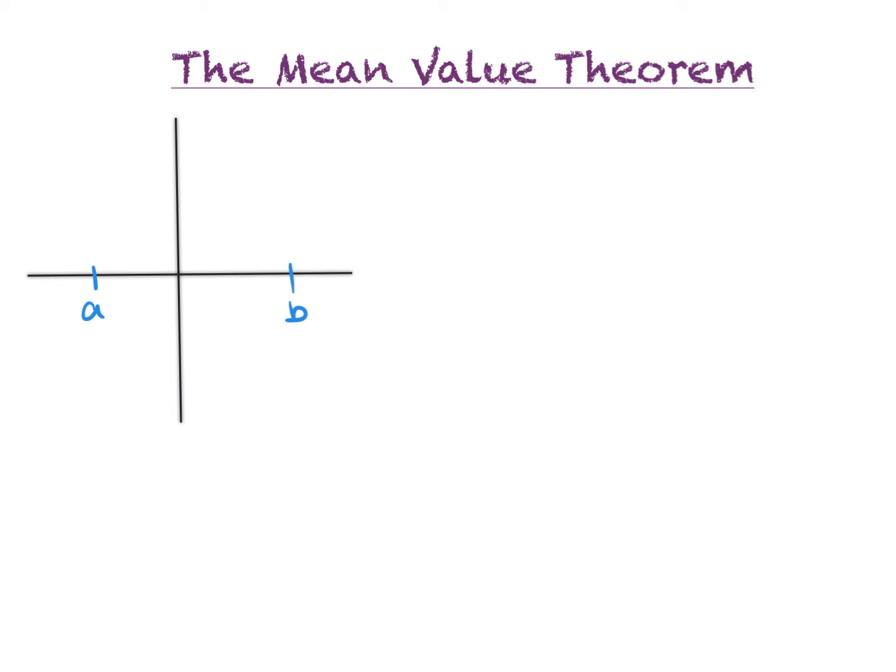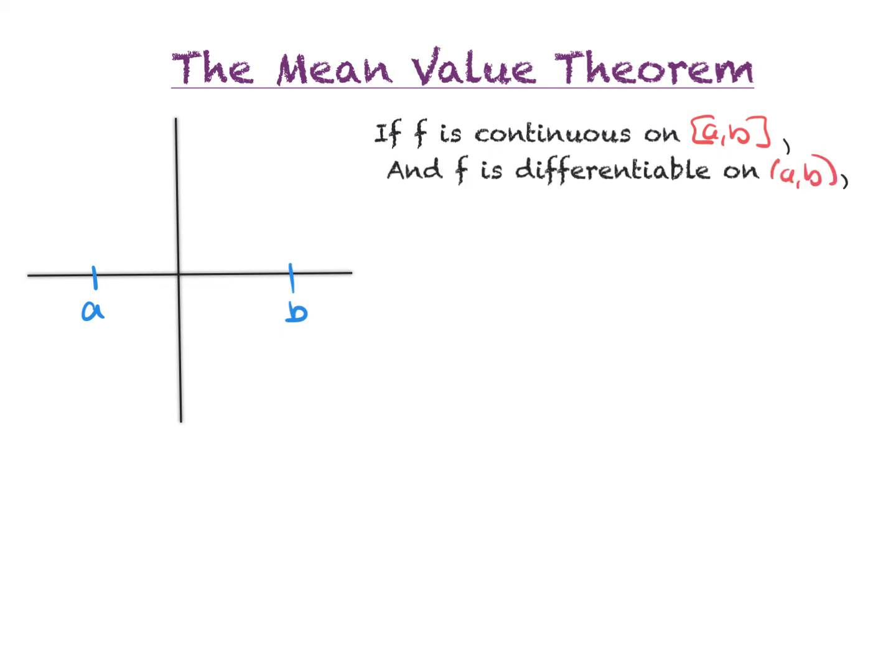Namely, we have to be continuous on the closed interval from a to b, and we draw a differentiable function on the open interval from a to b, but without the requirement that f of a has to equal f of b. So we can start and end at any two y values we wish to. I just need to make sure I draw both a continuous function and a differentiable function. So no skips or breaks and no cusps or corners.